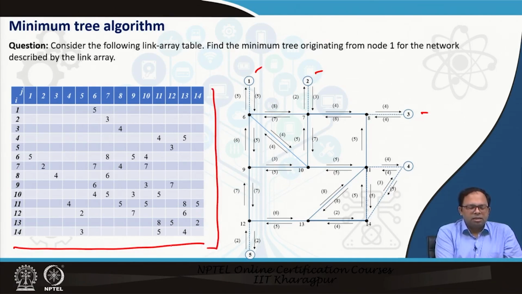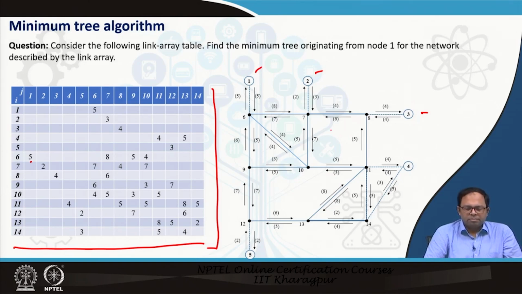So from zone 1 to 6, the impedance is 5. And similarly from 6 to 1, the impedance is 5. Then from 6 to 7, the impedance is 8. And from 7 to 6, so whatever we are seeing in this particular network is loaded over here.